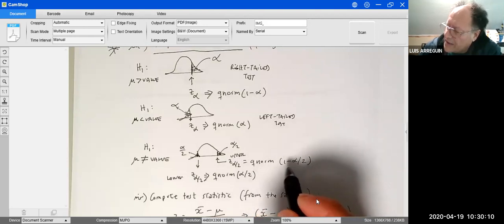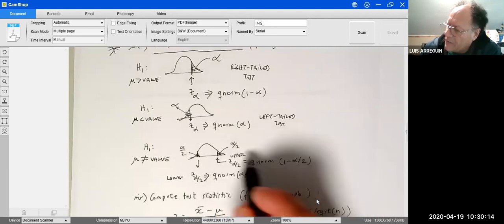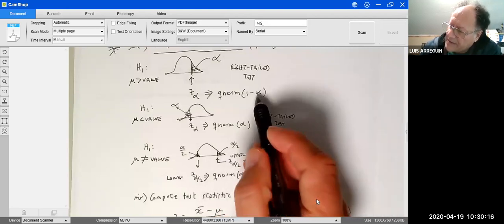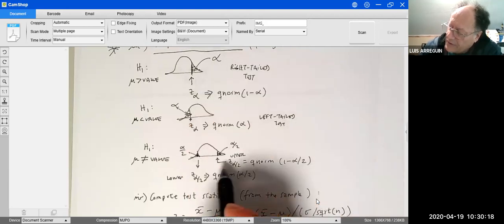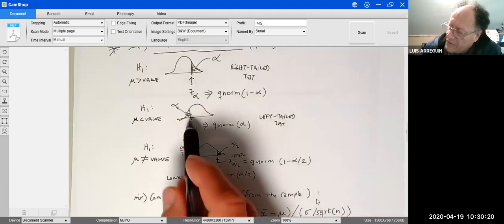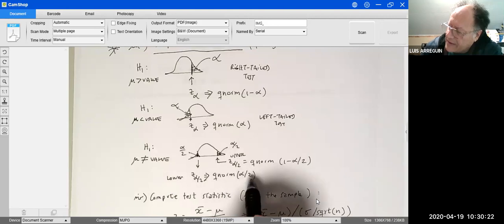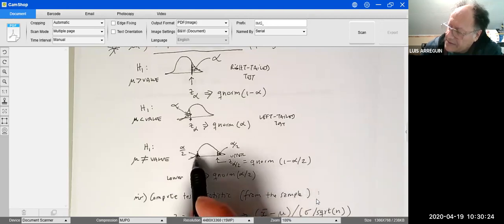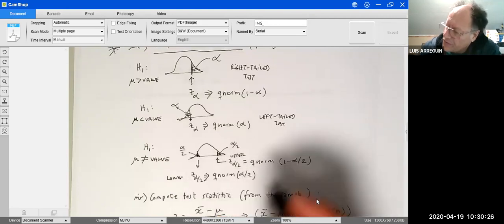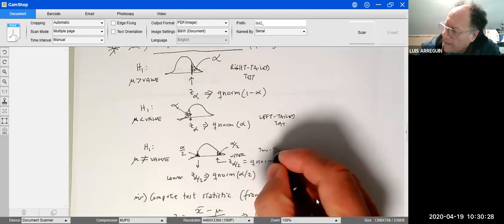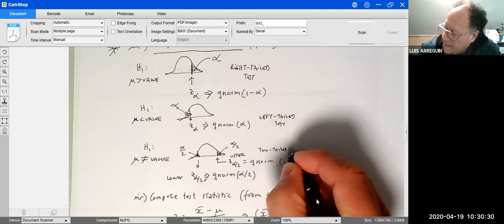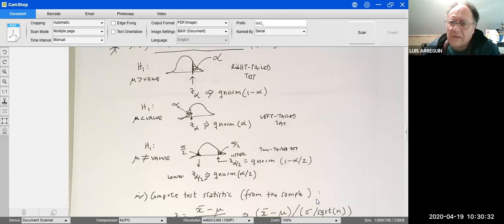So all the time, upper values are 1 minus the area, and lower critical values are just qnorm of the area. In this case, the area is alpha over 2. So this is a two-tail test.